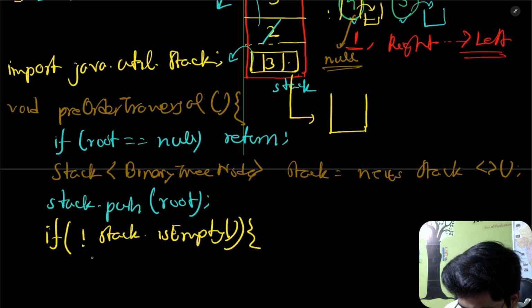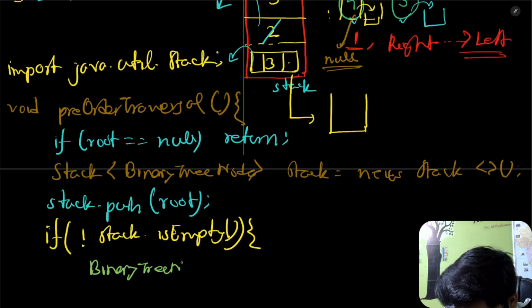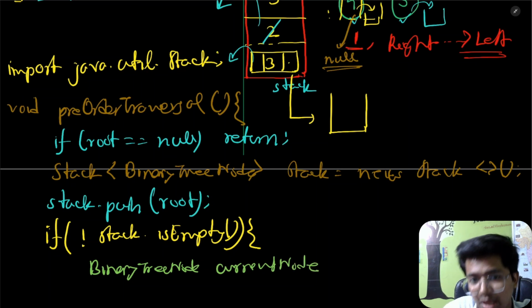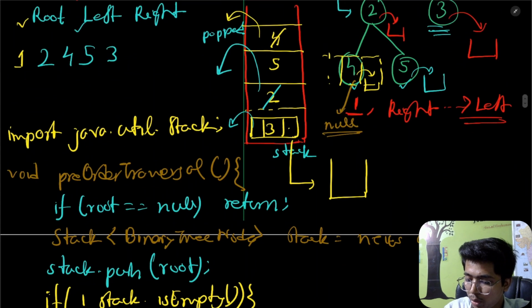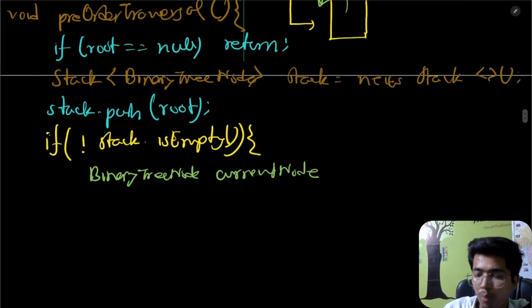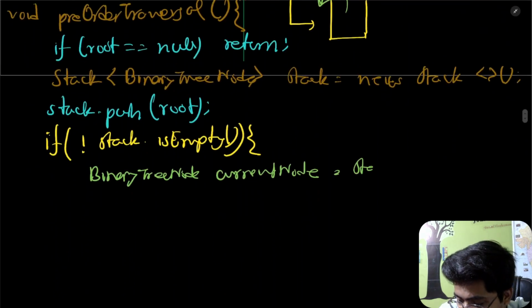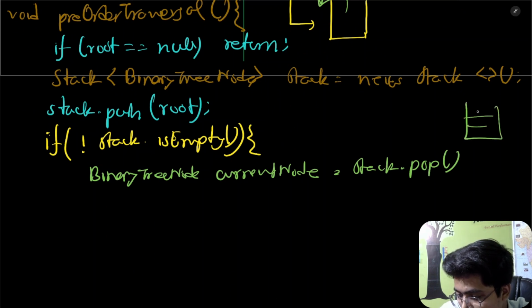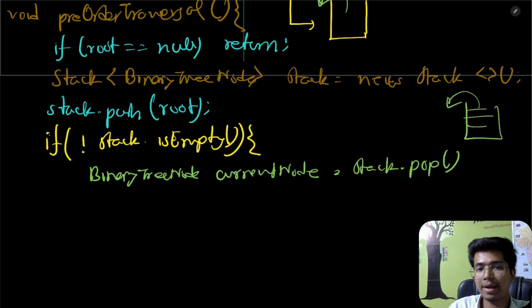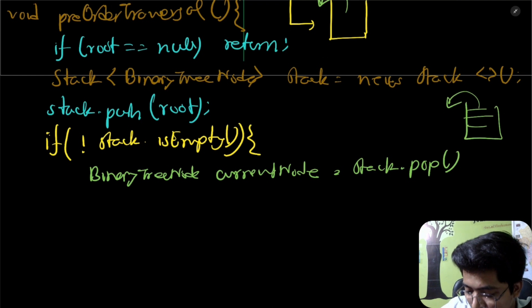This is the node we want to process. So what is the node we want to process? The node we will be popping from this stack, that is stack.pop. If we apply the function stack.pop, the stack will return us the topmost element, and we'll be processing that element and simply printing the value of it.